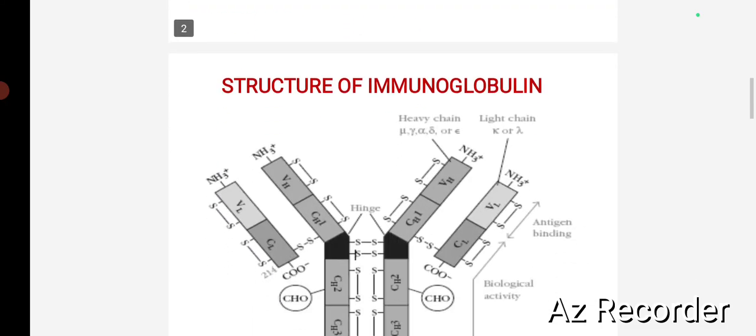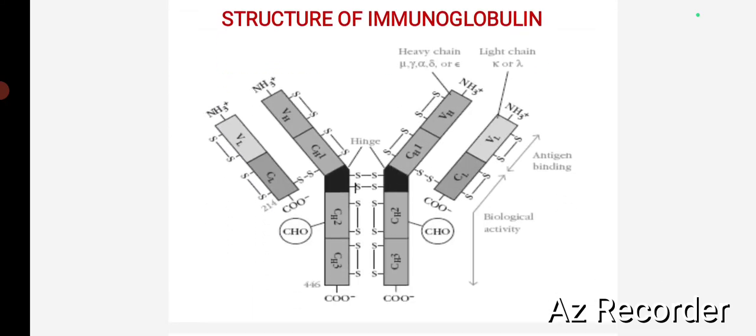Next one, structure of immunoglobulin. Generally, the immunoglobulin consists of two types of chains. One is the heavy chain, another one is the light chain.